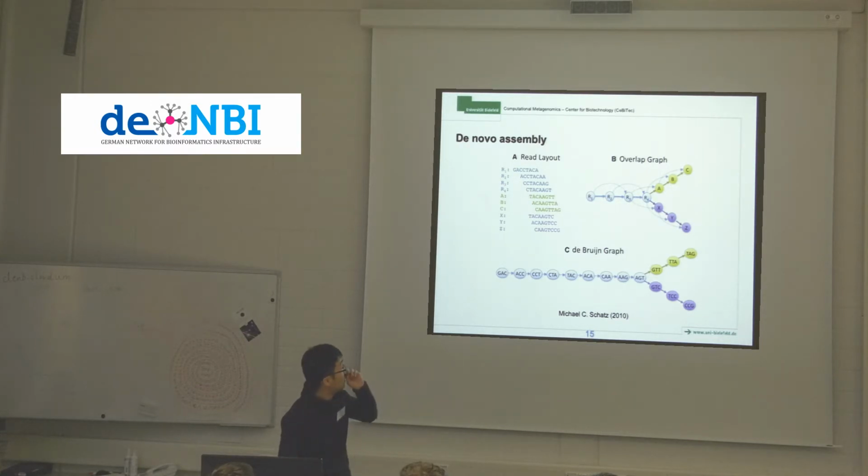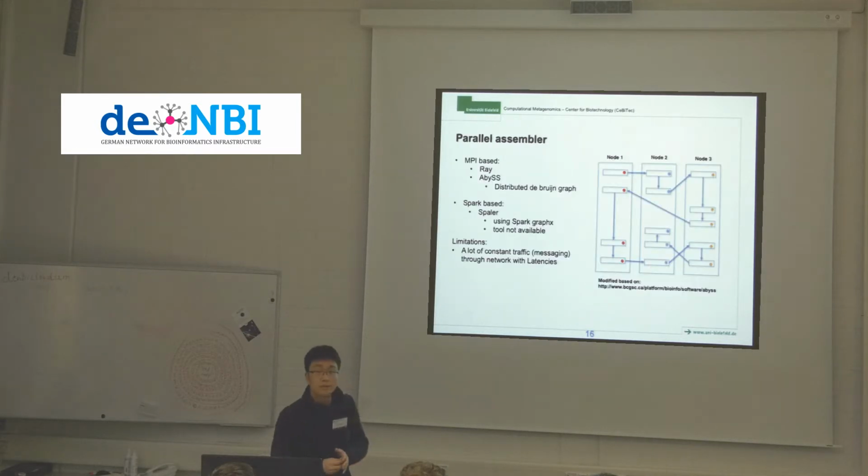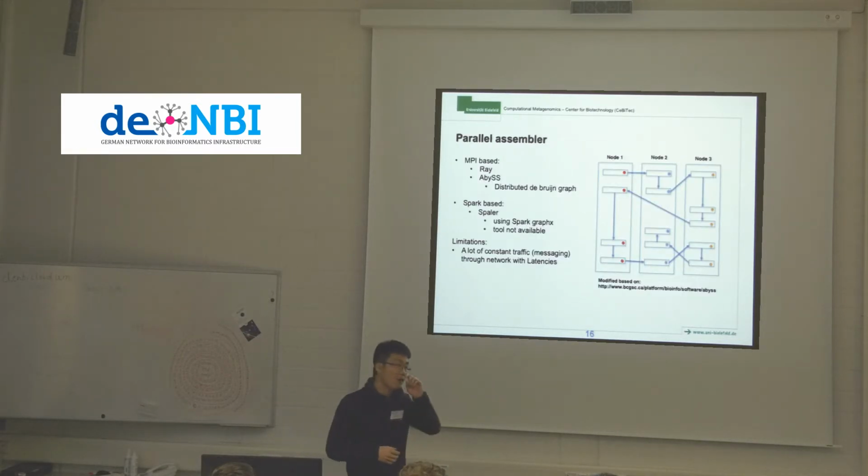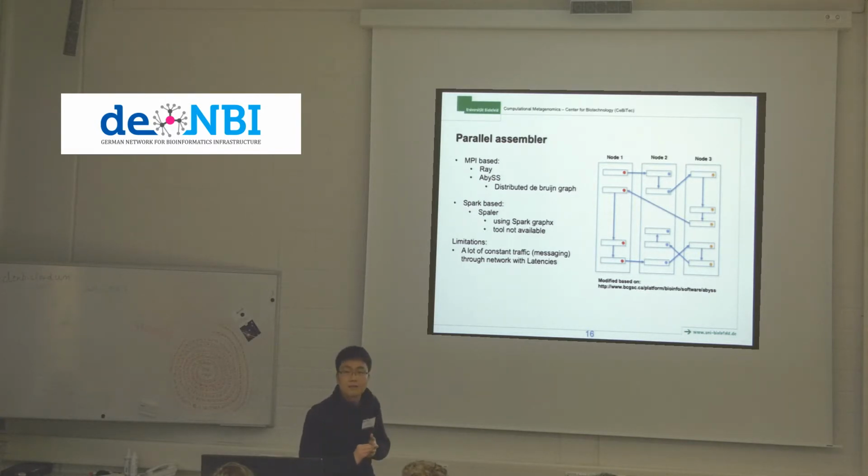Now, distributing the de Bruijn graph across a cluster, a distributed system, is quite problematic. Usually the de Bruijn graph has k-mers as nodes, and edges that point to adjacent nodes, the adjacent k-mers. But in a distributed system, it is very likely that two adjacent k-mers are not on the same machine.